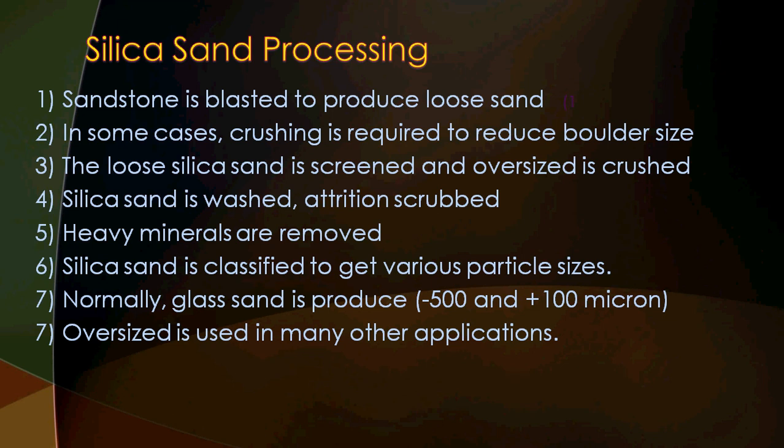Imagine if there were grains of heavy minerals with a high melting point in the silica sand. When we melt it, these grains will not melt, they will stay there, and in the glass they will appear like clinkers. So, it is very important to remove heavy minerals.